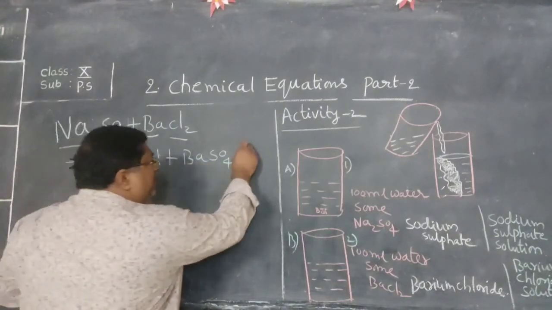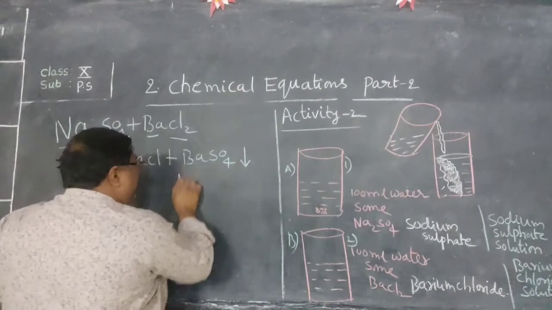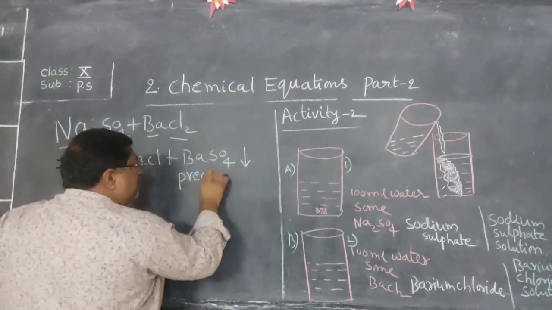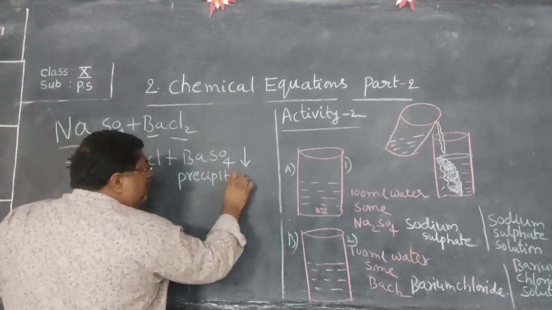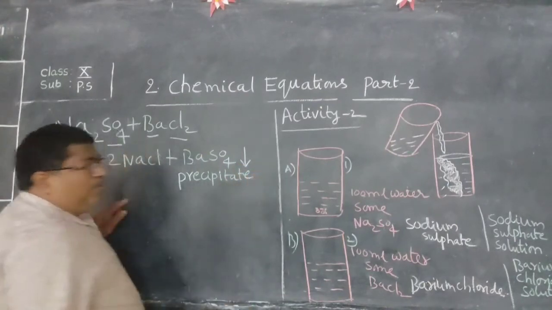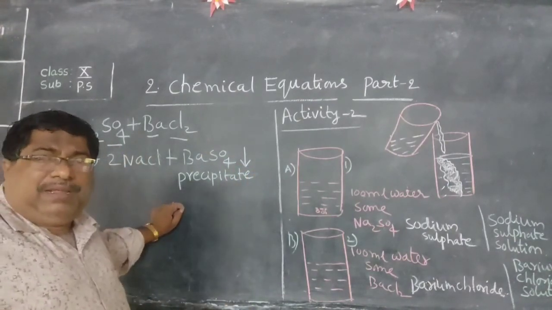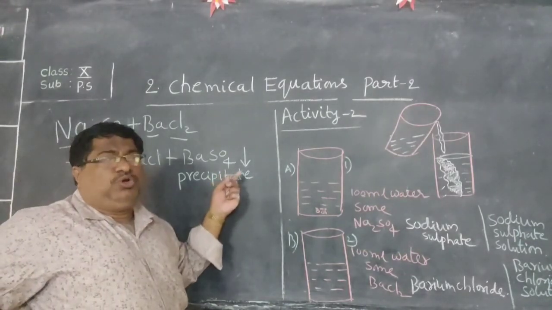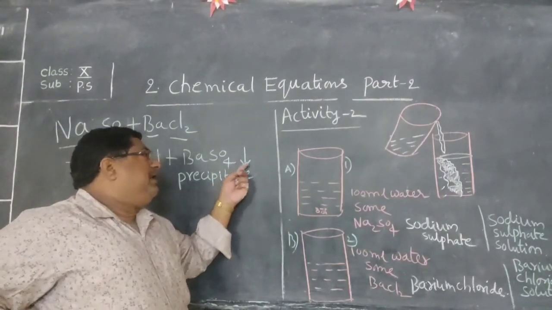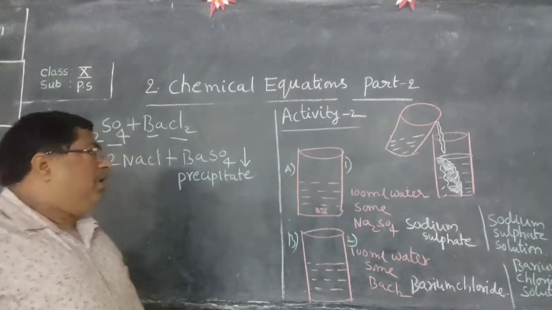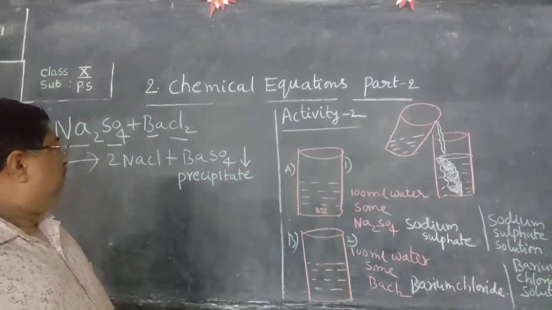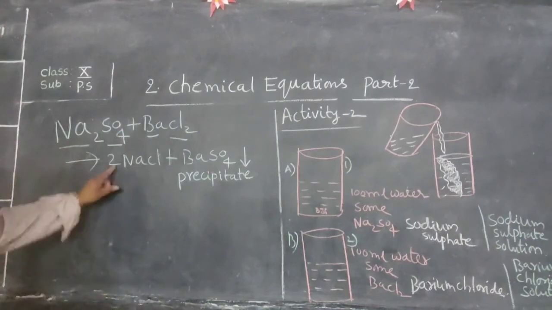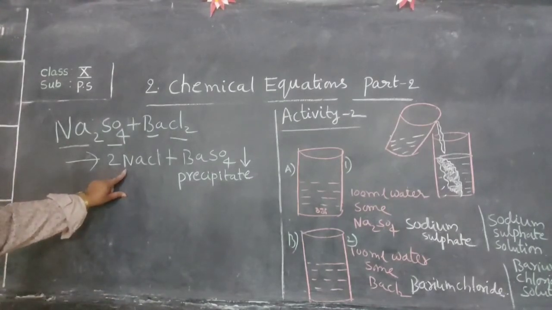This barium sulfate is a precipitate, so whenever a precipitate comes, we show it with a downward arrow. 2NaCl is sodium chloride.